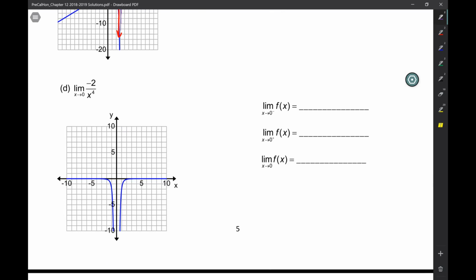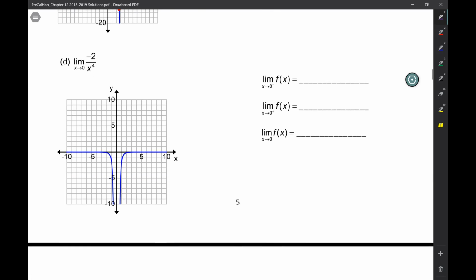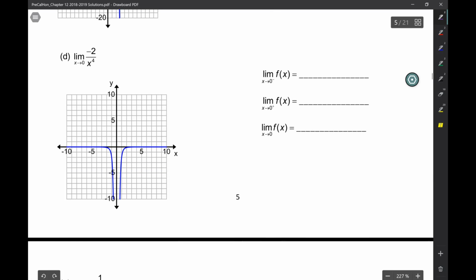Okay, this is an important one now. The limit as x approaches 0. From the left-hand side, where is the graph approaching? What vertical value? Negative infinity. From the right-hand side, where is it approaching?